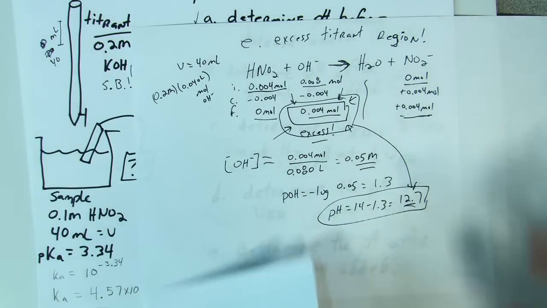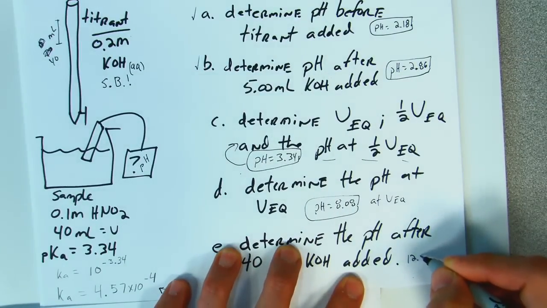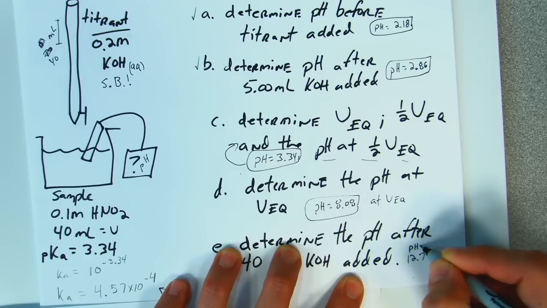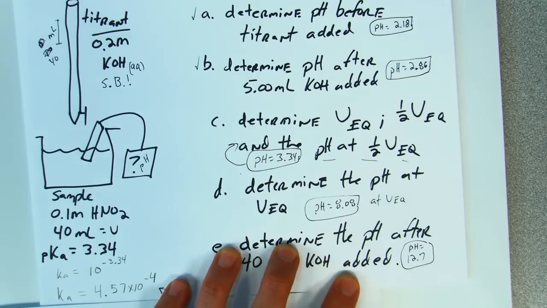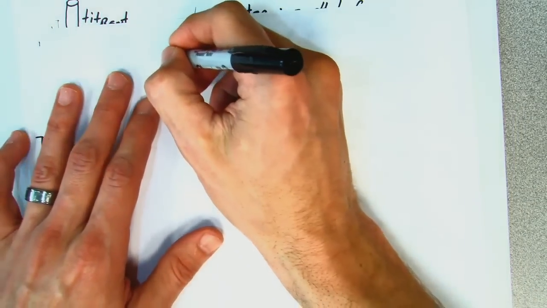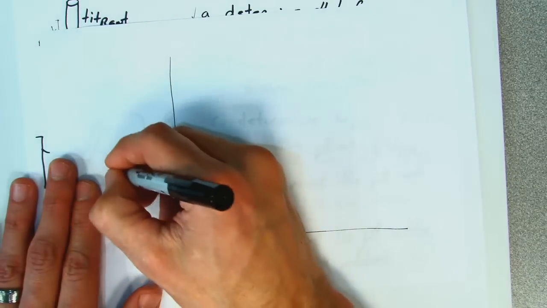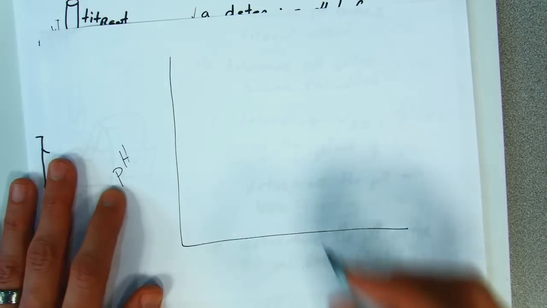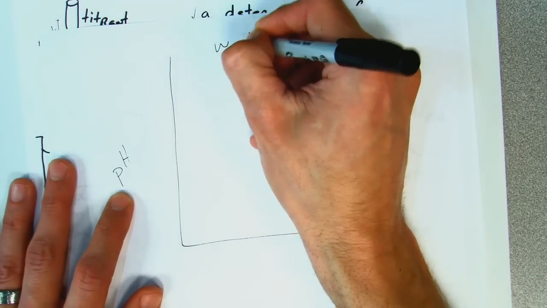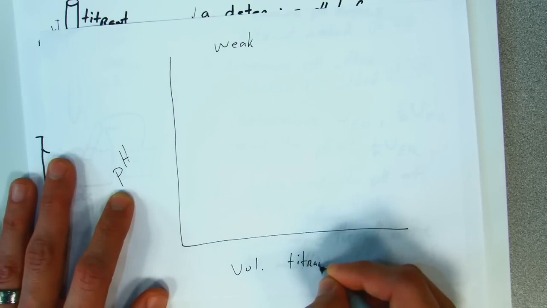All right, so we've now worked all the points on our curve. I wonder if we could just take a minute or two here to rehash what we found and maybe even sketch out an example titration curve. Now remember, our titration curve is a plot of pH versus volume of titrant added.